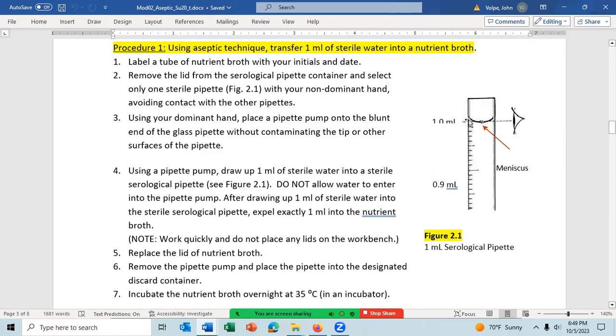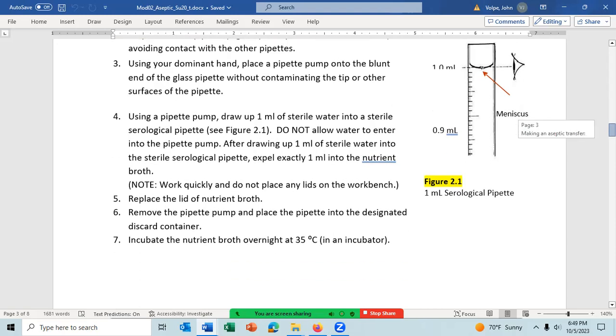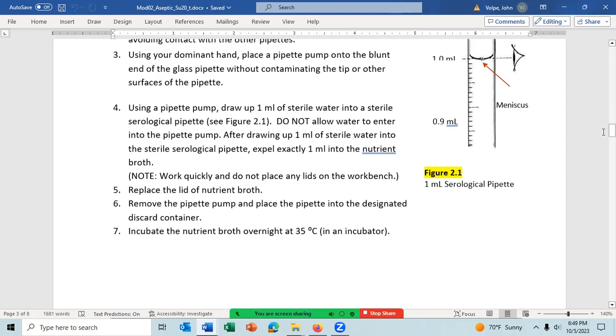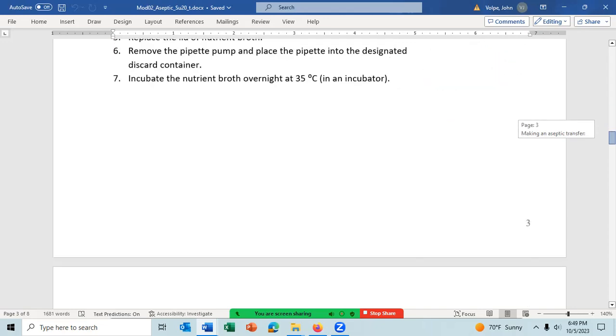And how you read the meniscus is you read from the bottom of the meniscus. You do not read from the middle of the meniscus. You do not read from the top of the meniscus. You then transfer 1 ml of sterile water in procedure 1 into 9 ml of media.